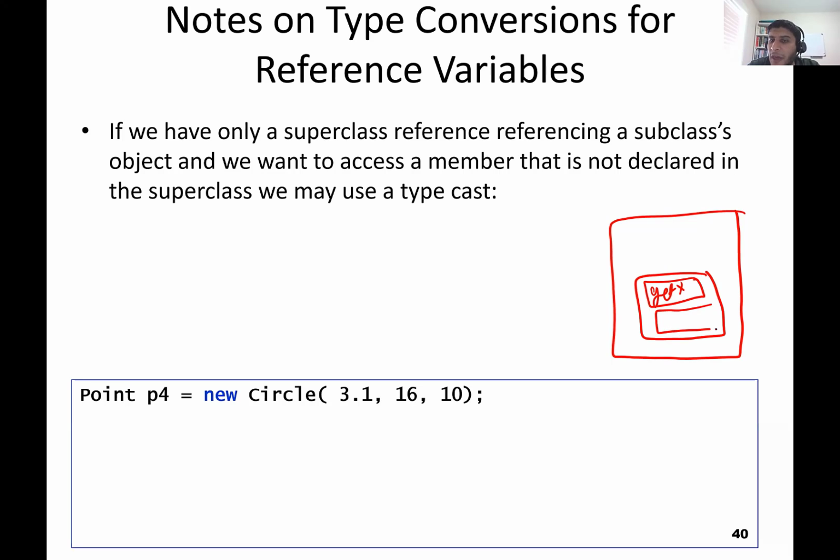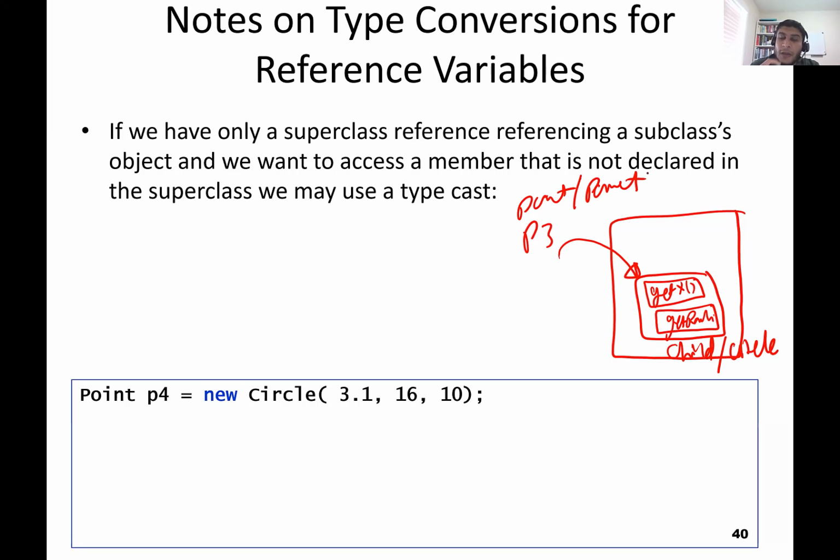I have other methods that are of the child type, something like getRadius. I told you that a parent reference can point to the child. So this is circle or child, and this is point, let's say B3, the parent.